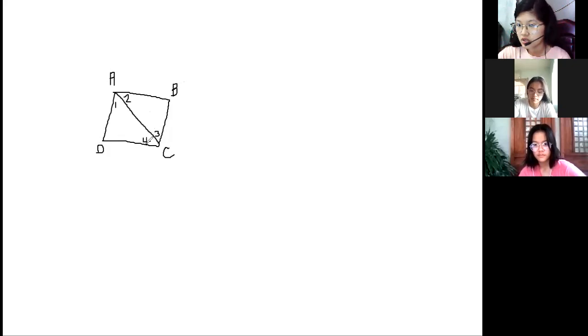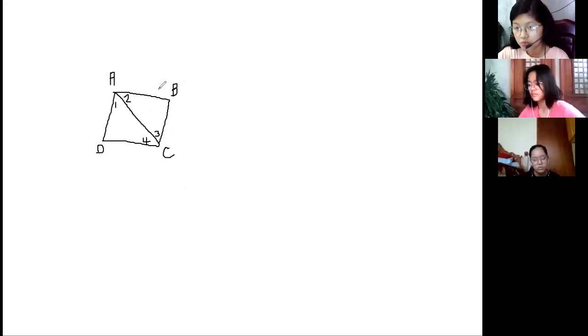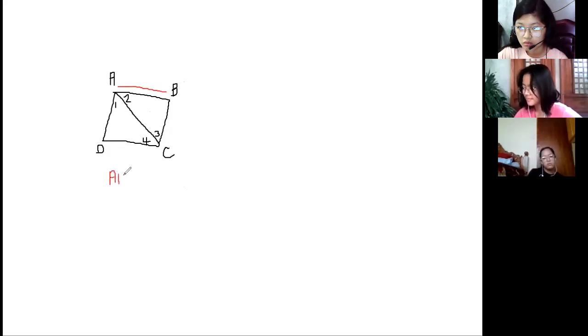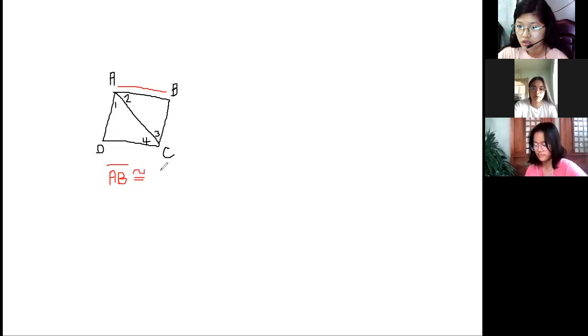So, meron tayong sinasabi na yung kanilang opposite sides are congruent. So, we have the opposite sides here. Etong AB, yan. The line segment AB is congruent saan? Congruent siya sa line segment CD.